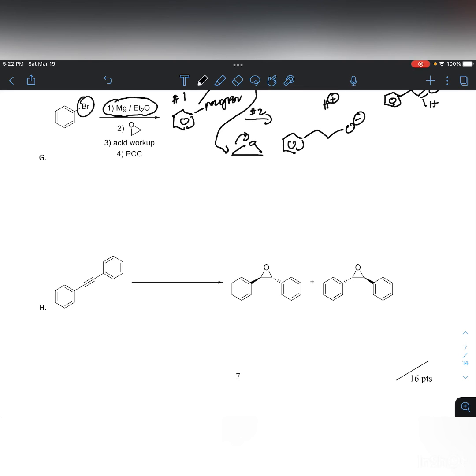So from H, it seems like we have an alkyne, excuse me. And then it seems like these products are anti to each other. So it seems like we might need to go through a trans alkene. So from step number 1, we should have a trans alkene.